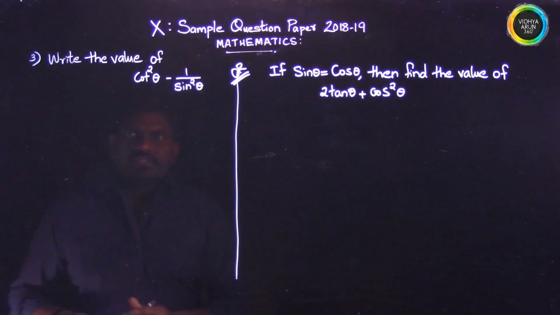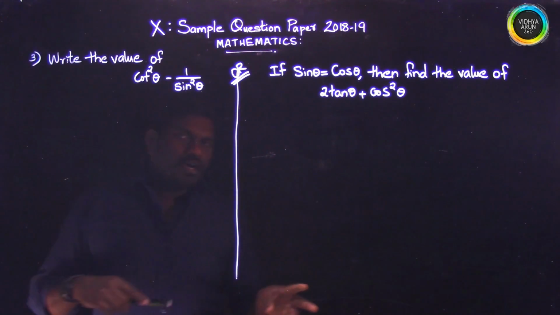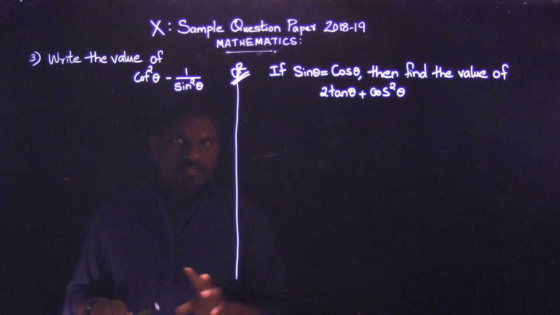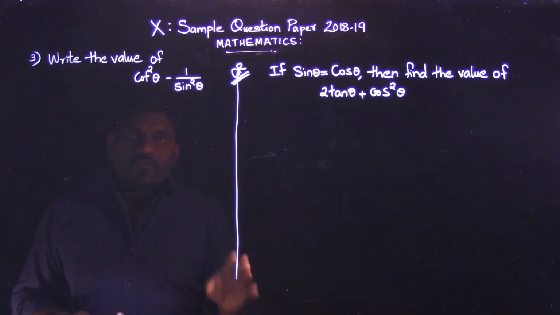This is the third question, on trigonometry. Trigonometry is a very important chapter. You will get 1 mark questions, 2 mark, 3 mark as well as 4 mark questions on your question paper. As far as trigonometry is concerned, there is a special area you need to focus on more, dear.